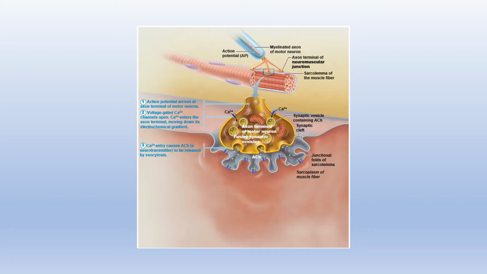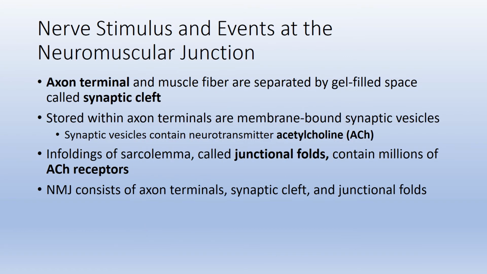And this is where we see that electrical event occur prior to muscle contraction. Overall, the neuromuscular junction is that point of information transmission or communication between the nervous system and a muscle or the muscular system.